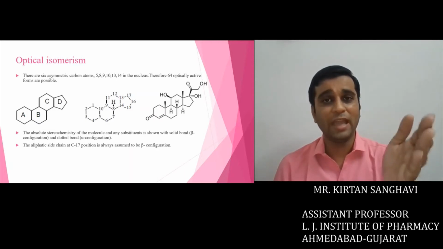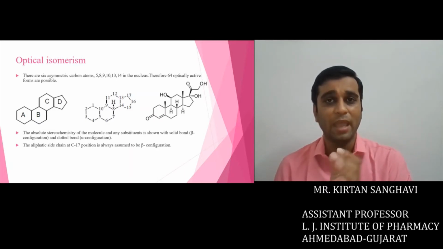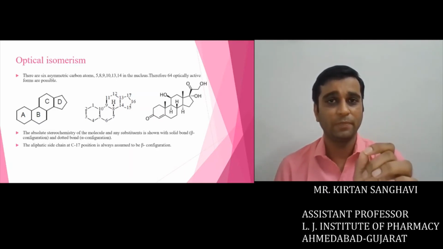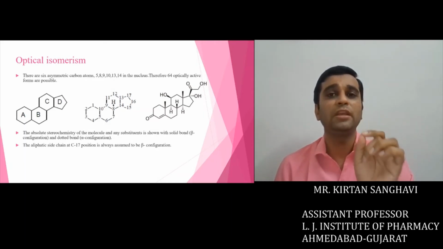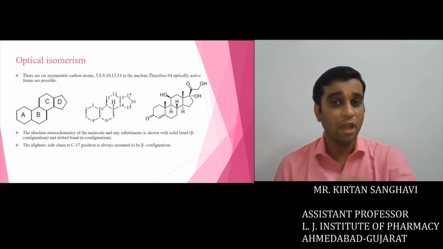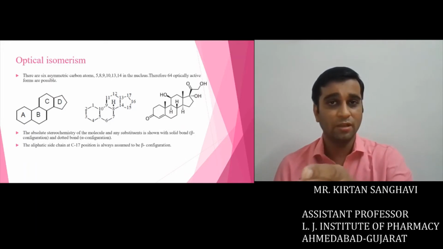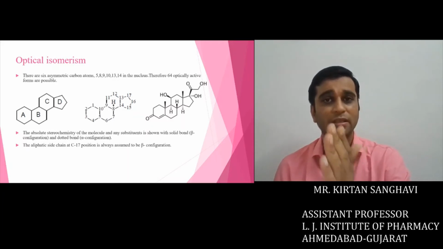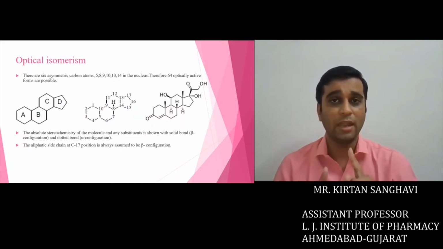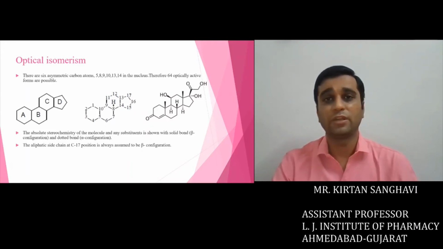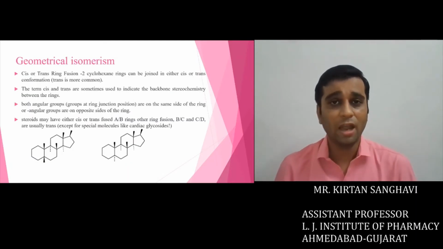When I talk about the aliphatic side chain at carbon number 17, in the majority of cases it is assumed to be the beta configuration. Here I have mentioned this side chain in the steroidal nucleus. You can see the bond is a dark, solid bond. It means that is a beta configuration.